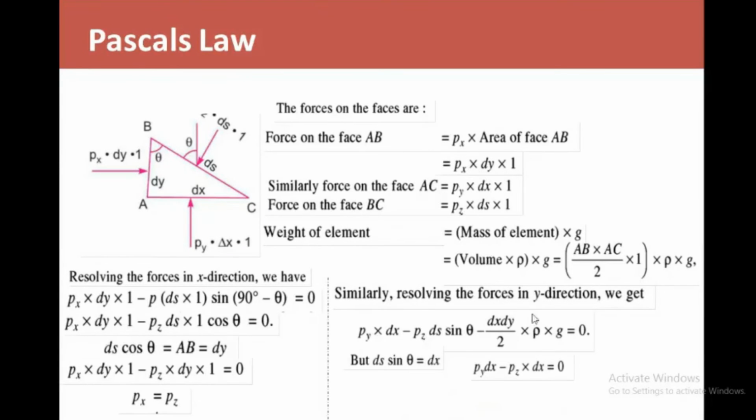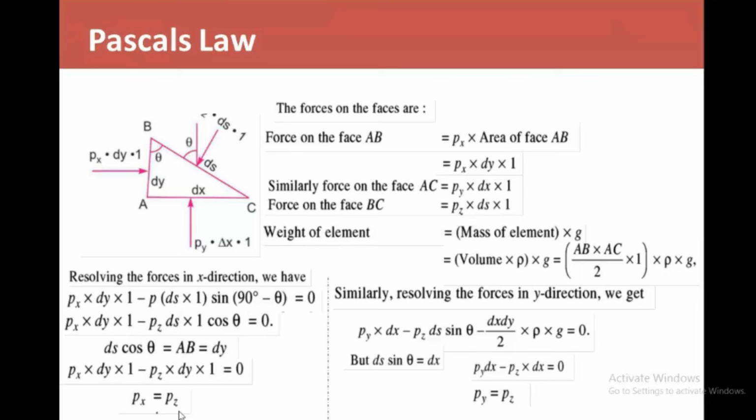So putting in the above equation and neglecting this third term, we will have py into dx into 1 minus pz into dx into 1. अब ये जो टर्म है माइनस साइन, ये वाला राइट में ले जाओ, and then dx into 1 cancels from both sides. So finally we will have py equals pz.